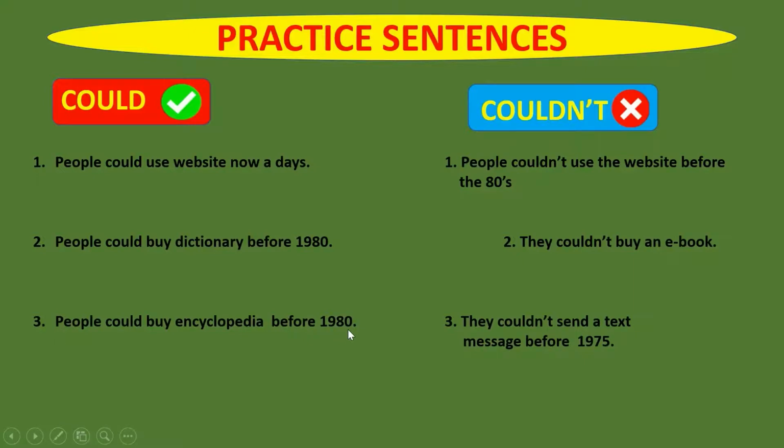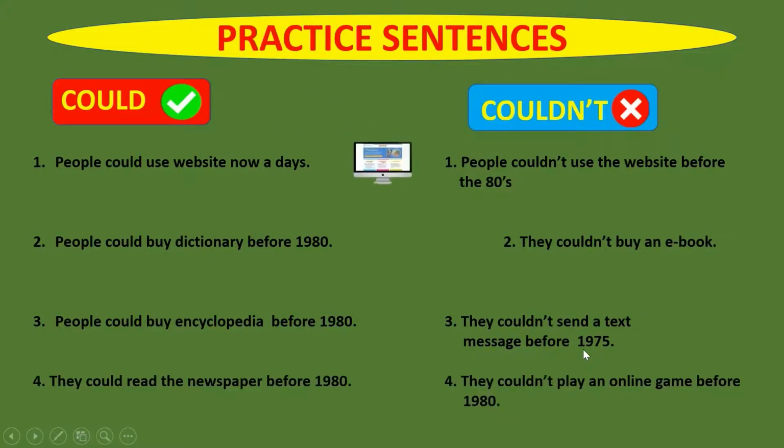There were encyclopedia already. And they couldn't send a text message before 1975 because there were no cell phones yet. And the last one, they could read the newspaper before 1980. They couldn't play an online game before 1980.